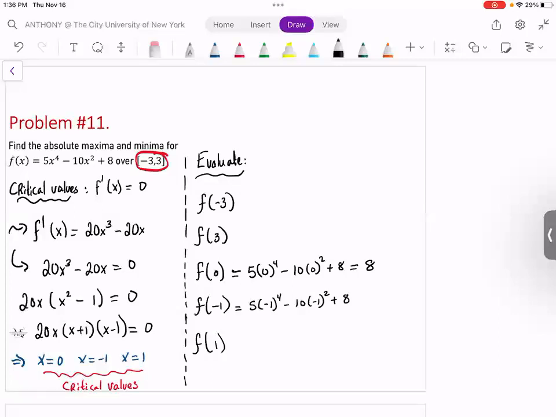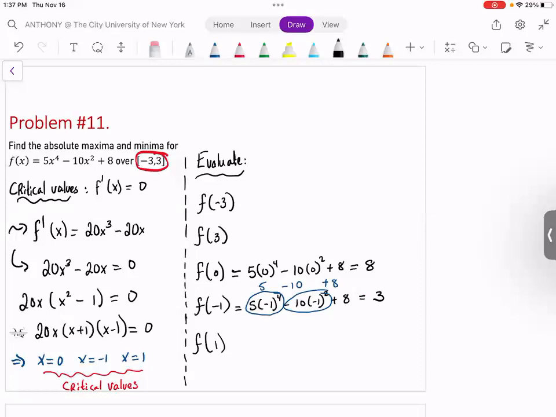Well, -1 to the fourth and -1 squared, since -1 is being raised to an even power, they're going to be positive values. So this first value should just be 5. Here we're going to have -10 plus 8. So you can do 5 plus 8 first. 5 plus 8 is 13. 13 minus 10 will give us a 3.